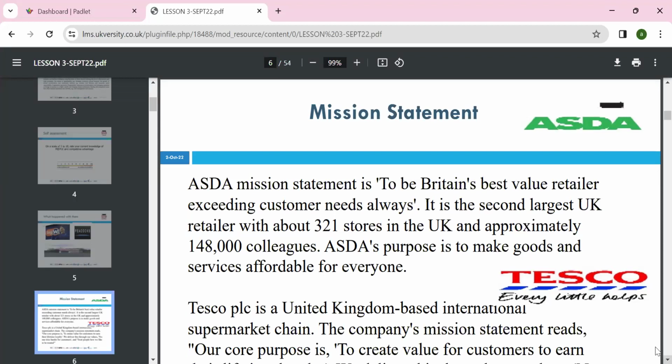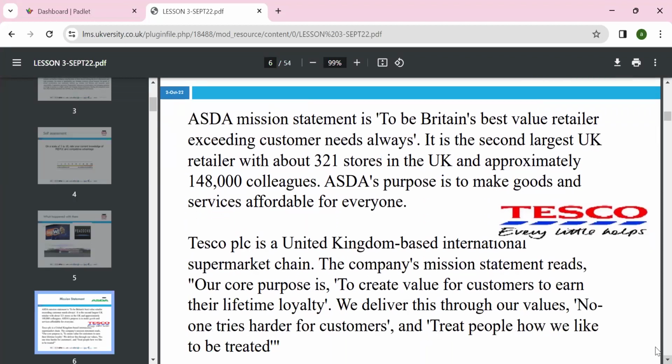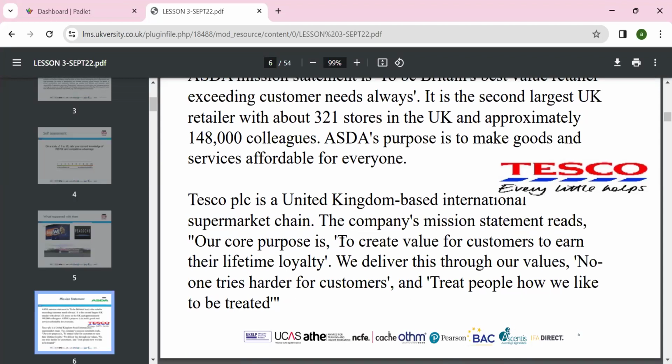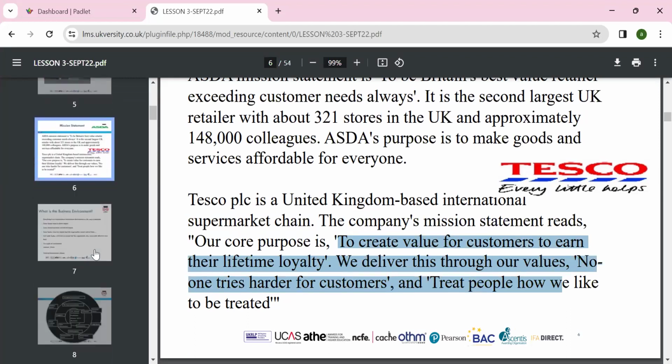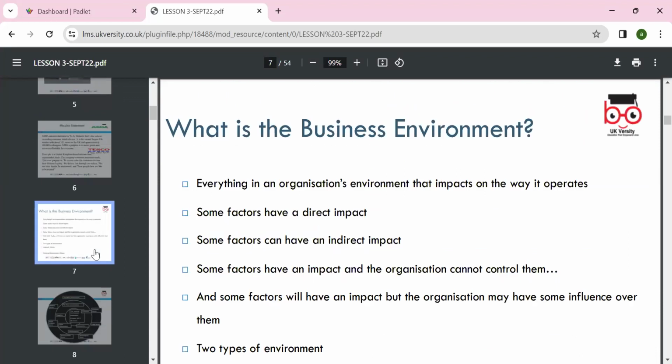Their mission statement is to create value for customers to earn lifetime loyalty. If we don't change according to what the customer wants and needs, we can't really sustain.